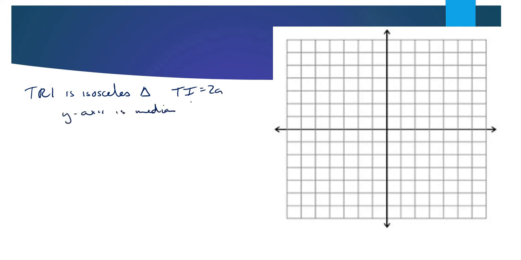And again, we want to find out what the values are for each vertex. So if TI, and I'm going to make that my base, is 2A, then if I call this A and this negative A, there's my base of 2A.